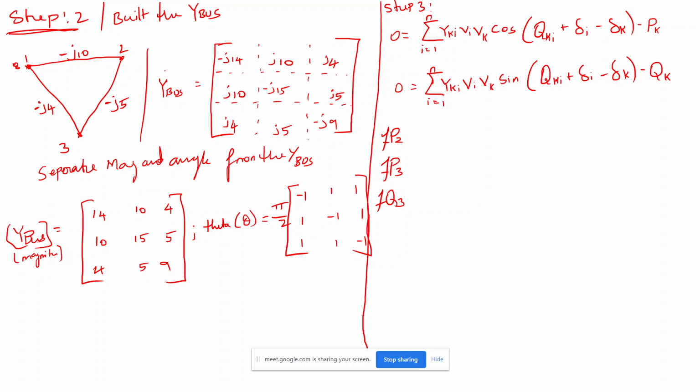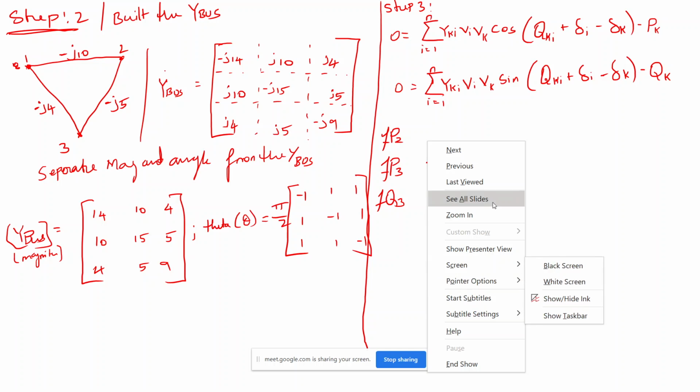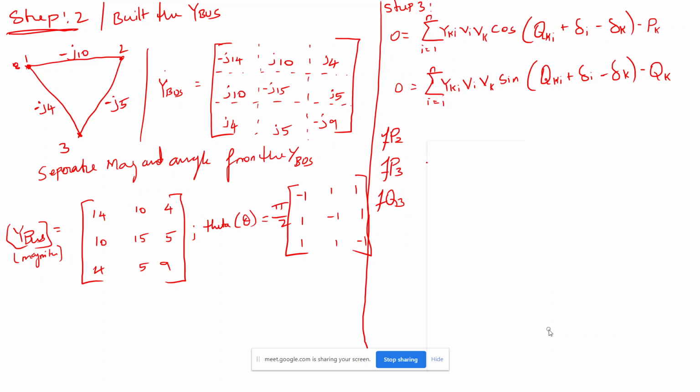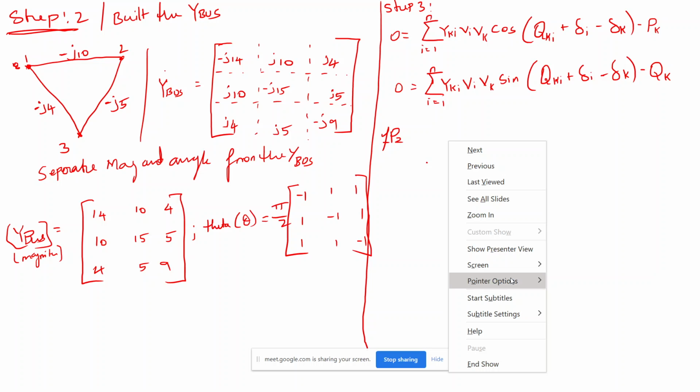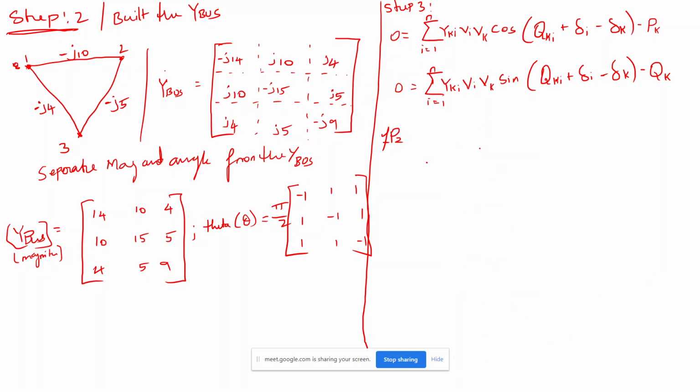Now if I want to write the equation for Fp2, what is k for this equation? Someone tell me.